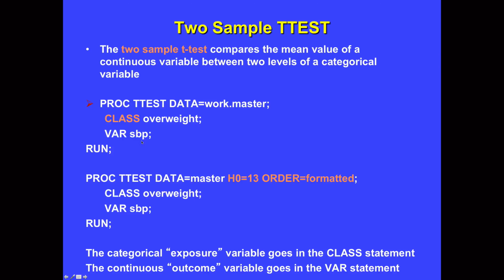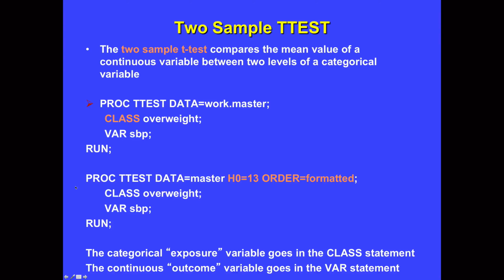In this example we're going to look at whether or not systolic blood pressure, the mean values of systolic blood pressure, vary according to levels of the overweight variable. And overweight is simply defined as being normal weight versus overweight, and again it's a two-level variable.